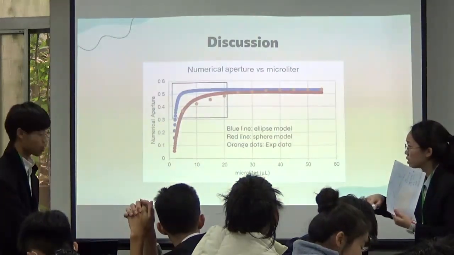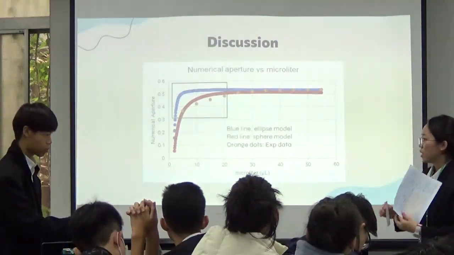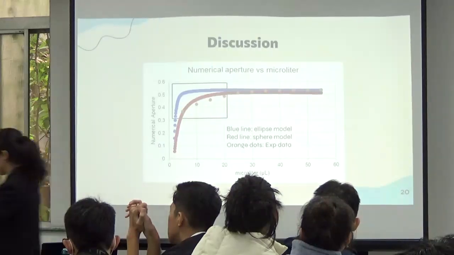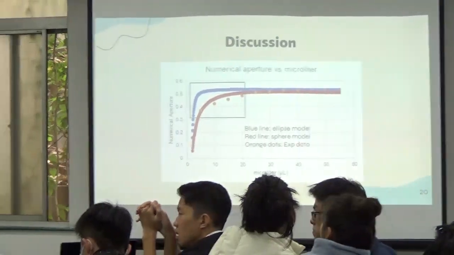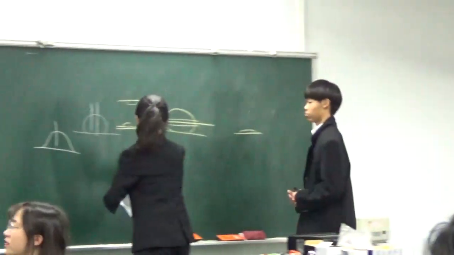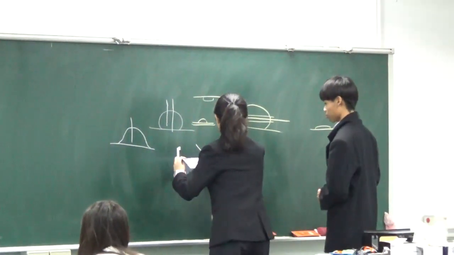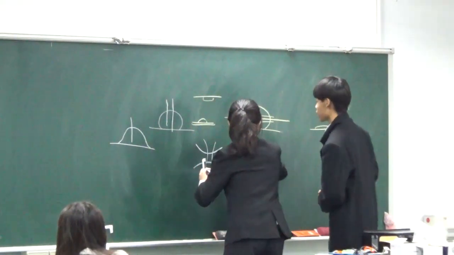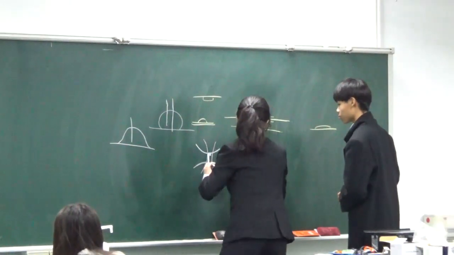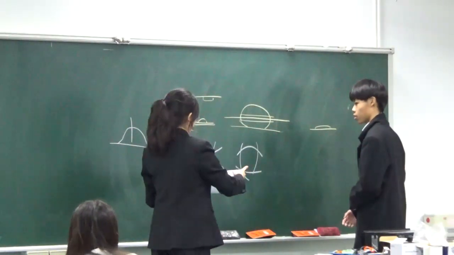Edges of the droplet? Wait, okay, so can you define aberration? Okay, there are some different kinds of aberration. First, it will look like this. First one will look like this. Okay, yes. And which one is in your experiment?